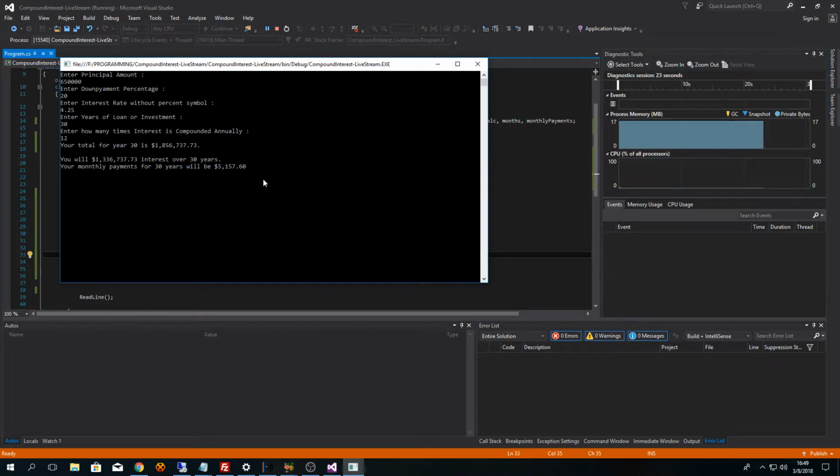Perfect. So you'll be paying $1,336,737.73 over 30 years in interest alone. And your mortgage payment will be $5,157.60 a month. That's pretty expensive.